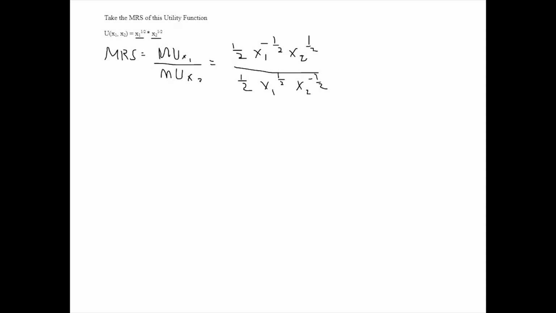While this formula seems a bit daunting, there's a lot of variables and numbers that we can cancel out. For instance, these 1/2s cancel out. This negative 1/2 signifies that we should change which side of the division bar this particular term is on. And the same is true for this negative 1/2.